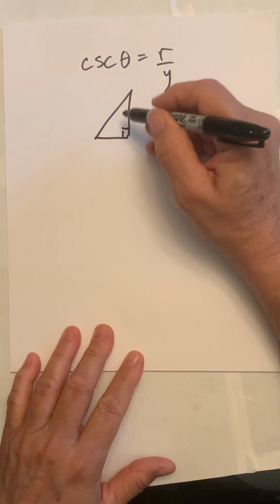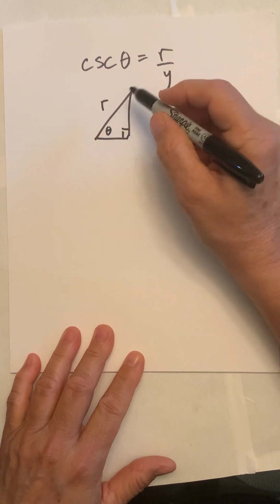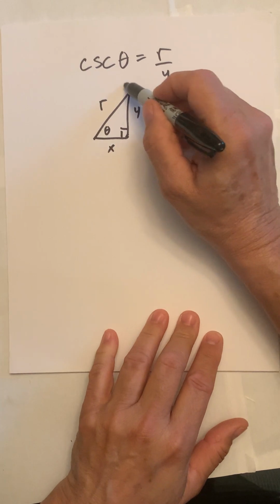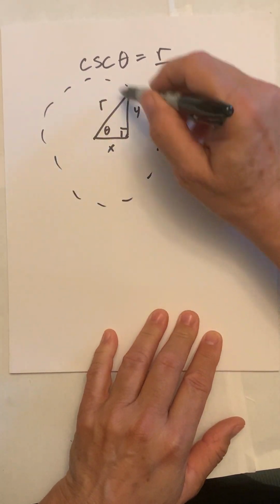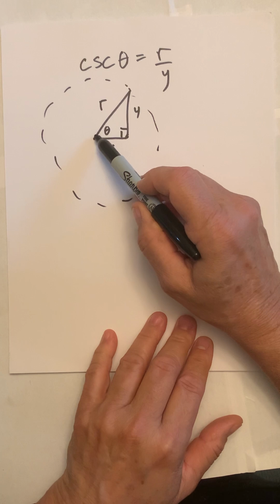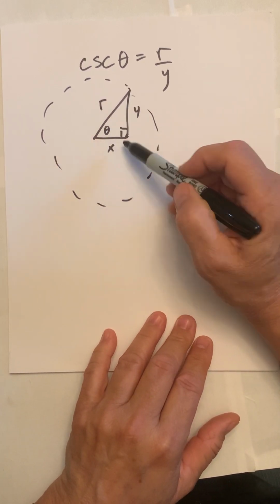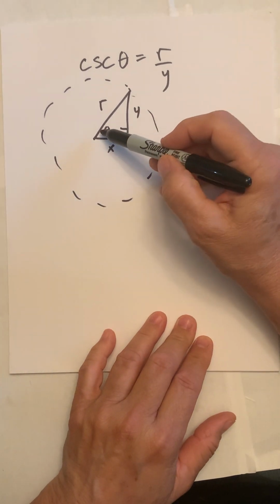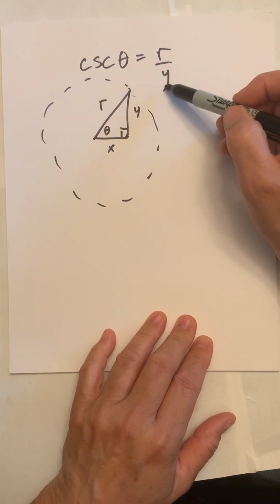So here's your right angle, here's r, let's say you're looking at theta here, here's y, and here's x, assuming you're on a circle. Now what happens here is that r is always what? Across from the right angle, so it's the longest side, and so r is always greater than y.